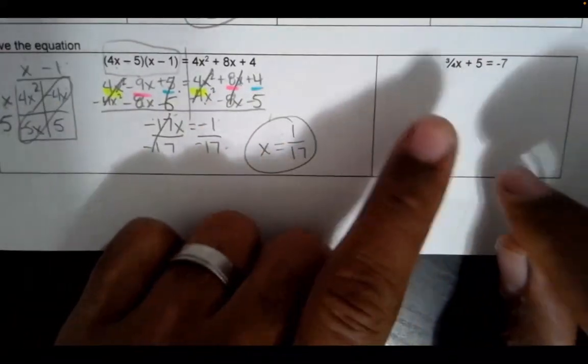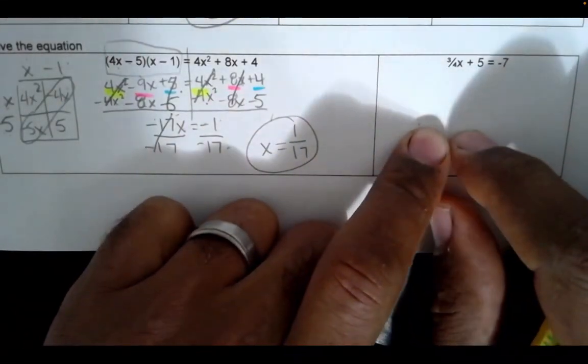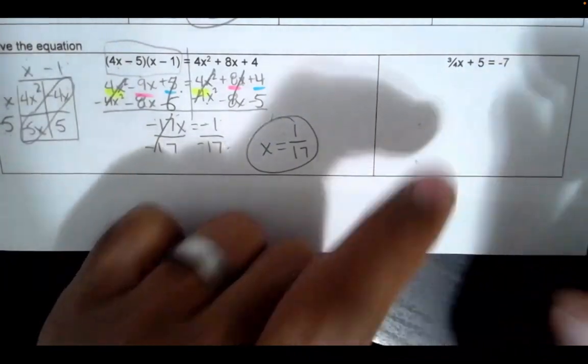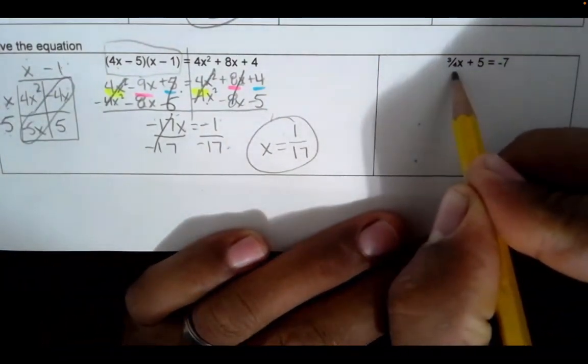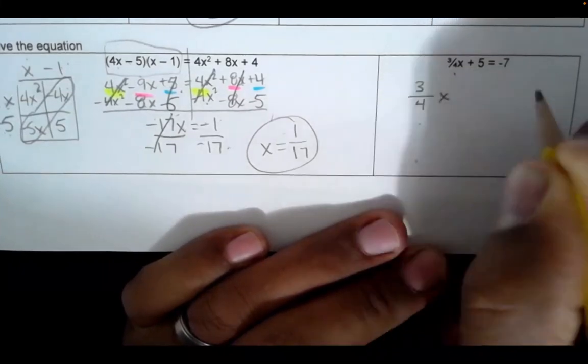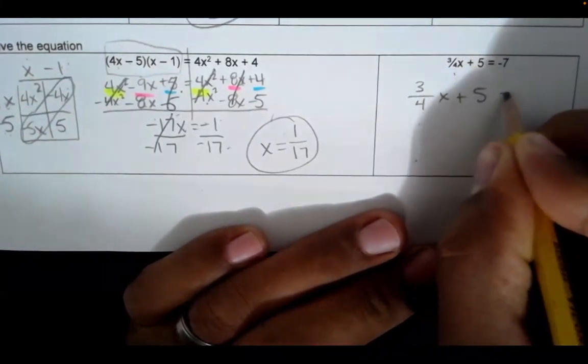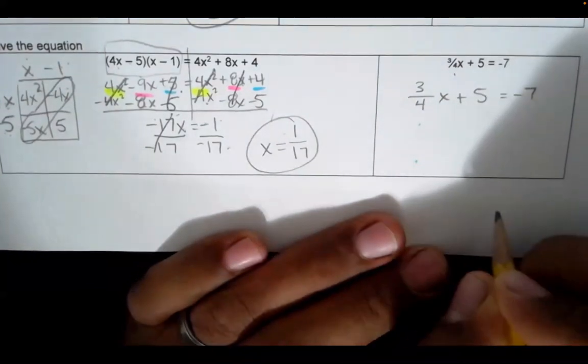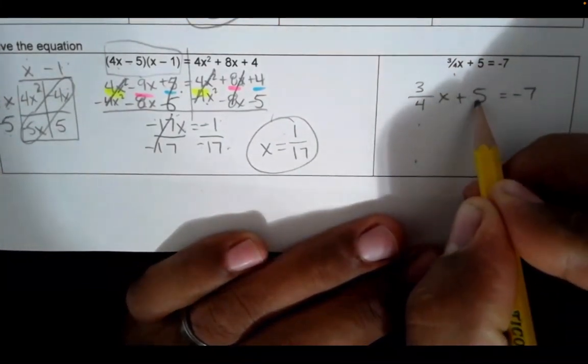Okay? All right, now for this next one, what I want you to do is look in yesterday's notes for a problem just like this. But remember, to get rid of the fraction, we multiply both sides. Okay, so here it's 5.